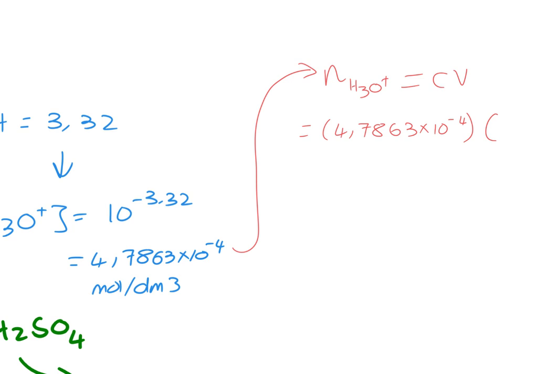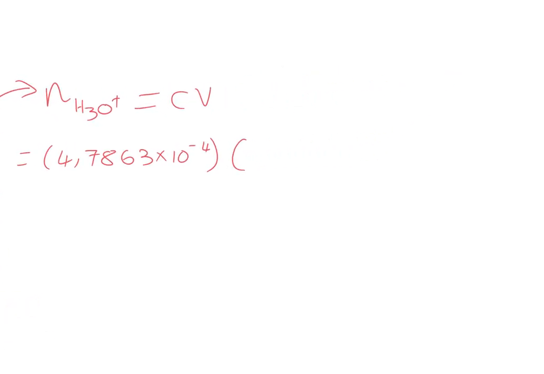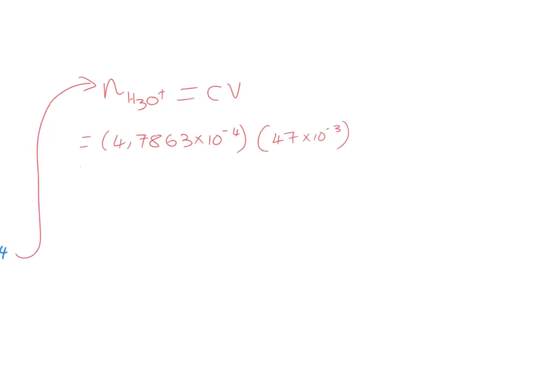So that volume will be 47 times 10 to the minus 3. What's this answer? That gives you an answer of 2.249, which I'm just going to turn into 2.25 times 10 to the minus 5 moles of H3O+.